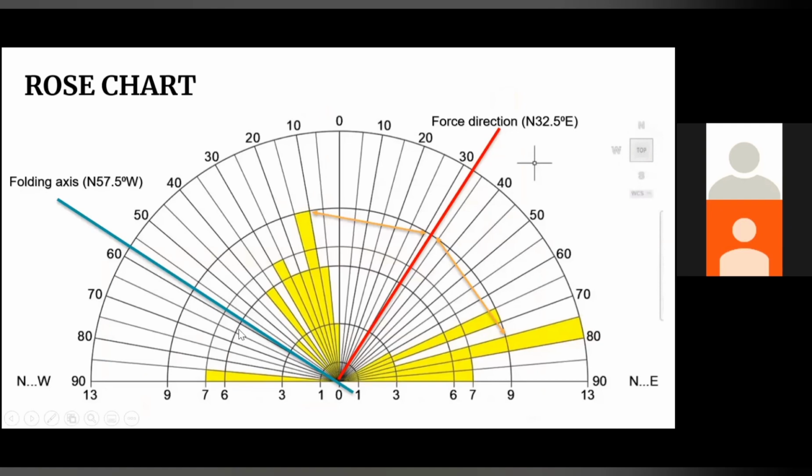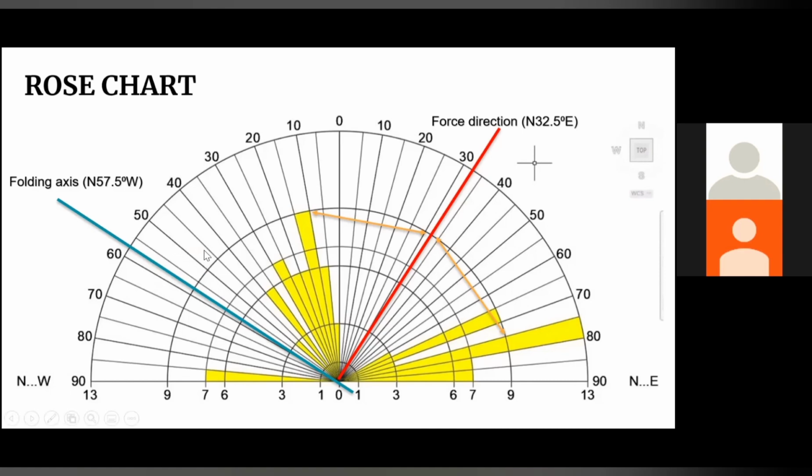In the Rose chart, the direction of the joint-forming force is the joint direction angle read on the circular arc, which is obtained by dividing between the two maxima, the intervals with the largest percentage that are less than 90 degrees apart.